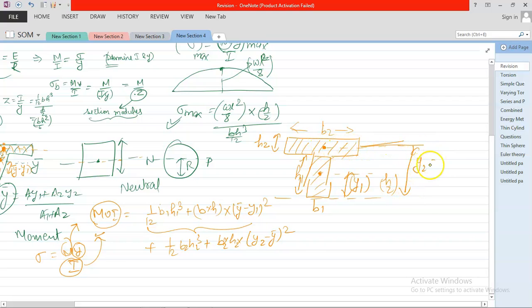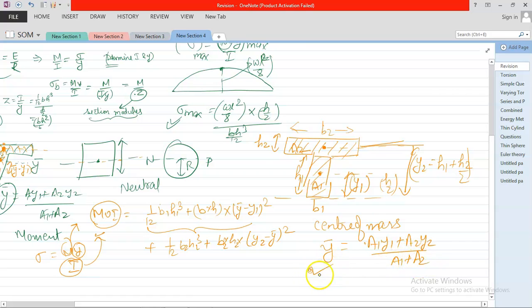If you take this distance from the datum, it will be y2. How to find the center of mass? Apply y bar is equal to, suppose this area is a1 and this area is a2, so a1 y1 plus a2 y2 divided by a1 plus a2. You got it now, what I am saying?